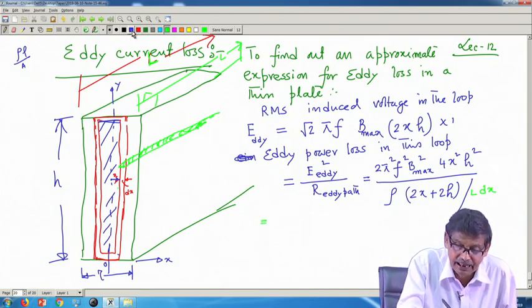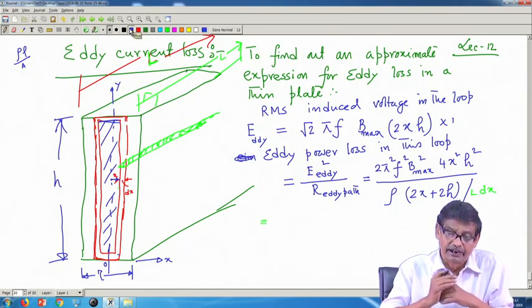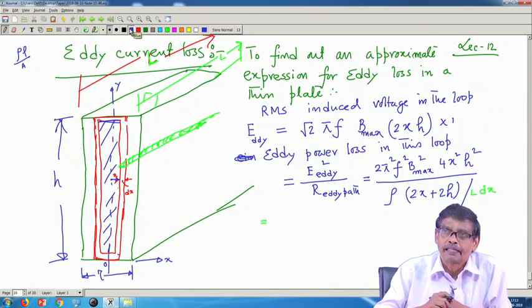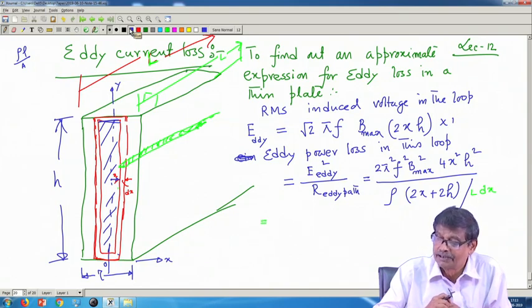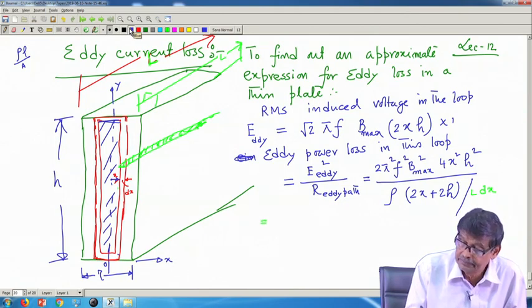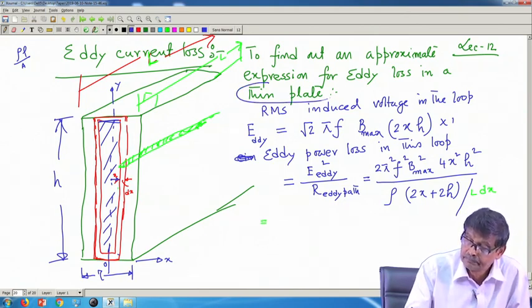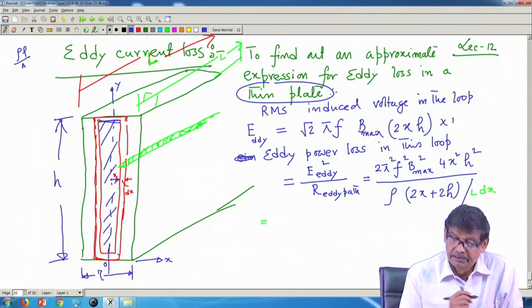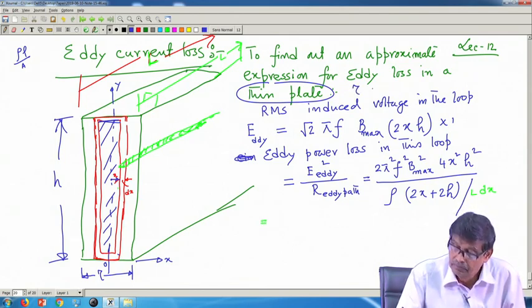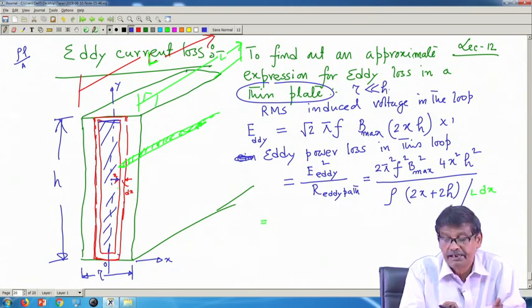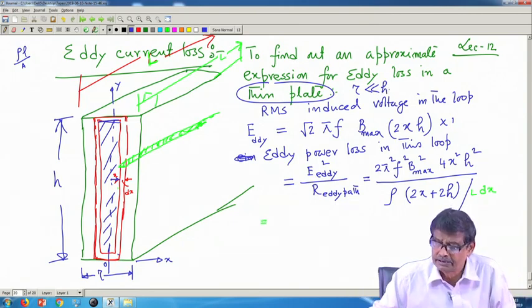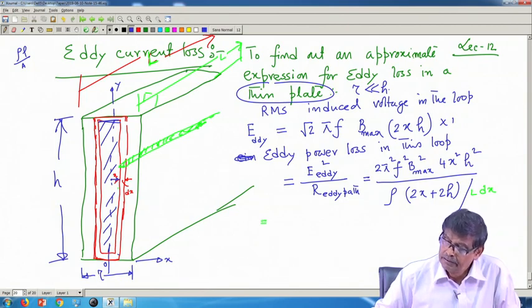Now, as I told you, we would like to find out an approximate formula, to have a feeling on what factors eddy current depends on. Since it is a thin plate, the value of tau is much smaller than the finite dimension h or L. The first assumption is this.